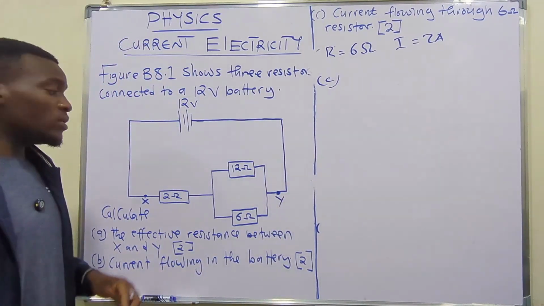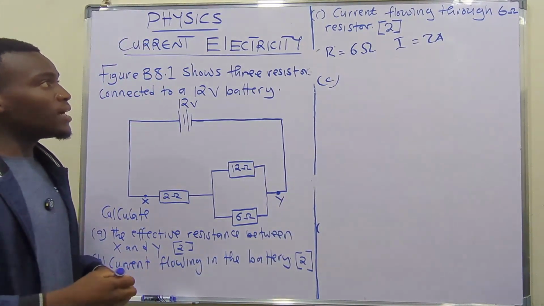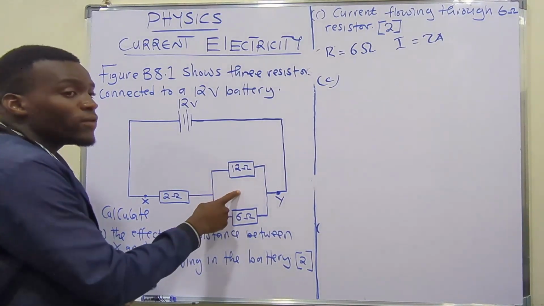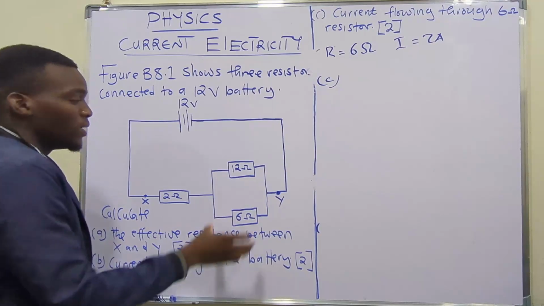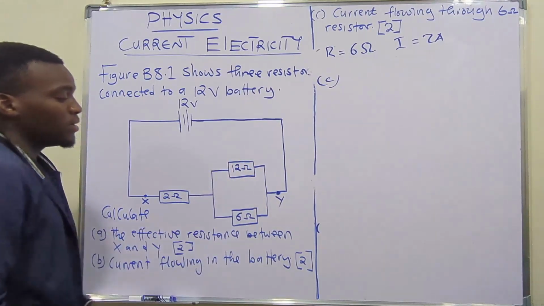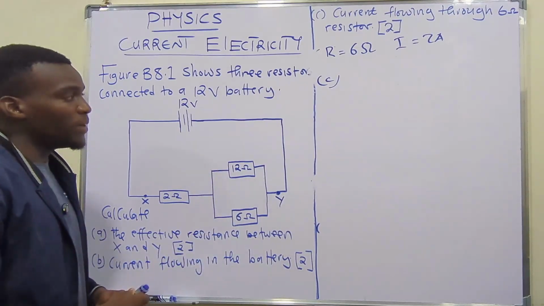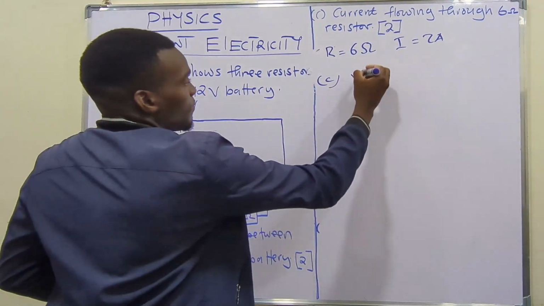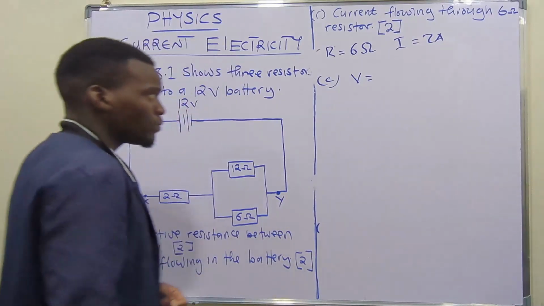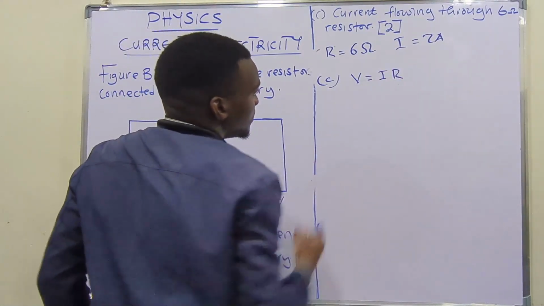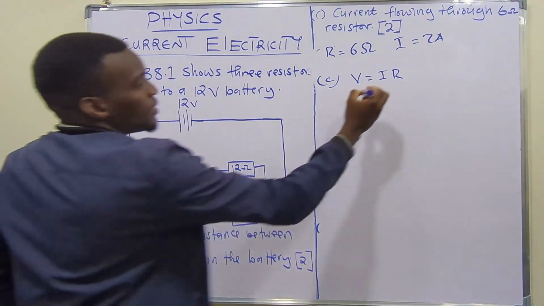So in order to calculate the current which is flowing through the 6 ohms resistor, we have to find the voltage across the parallel resistors, which are the resistors connected in parallel. So we say voltage is equal to current multiplied by resistance.